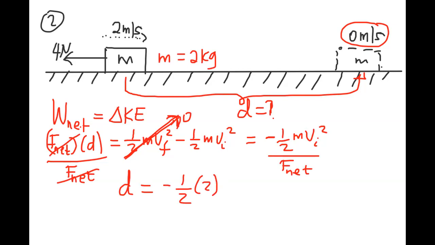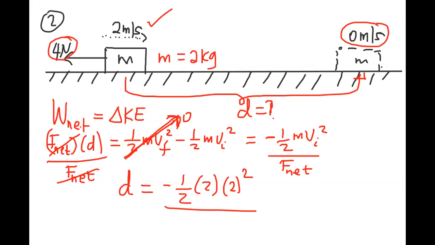Again, the initial velocity squared: 2 squared, then divide by the net force. The net force is here because that's the only force acting in the horizontal direction.